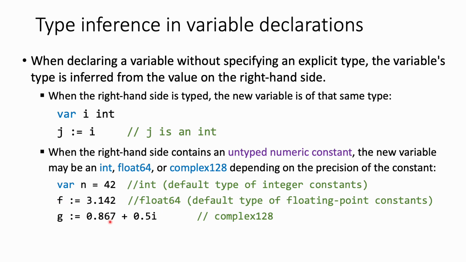When the numeric constant is written in the form of a complex number, that is with an imaginary number, then its default type is complex128. So in this declaration of variable g, the variable g will have type complex128.